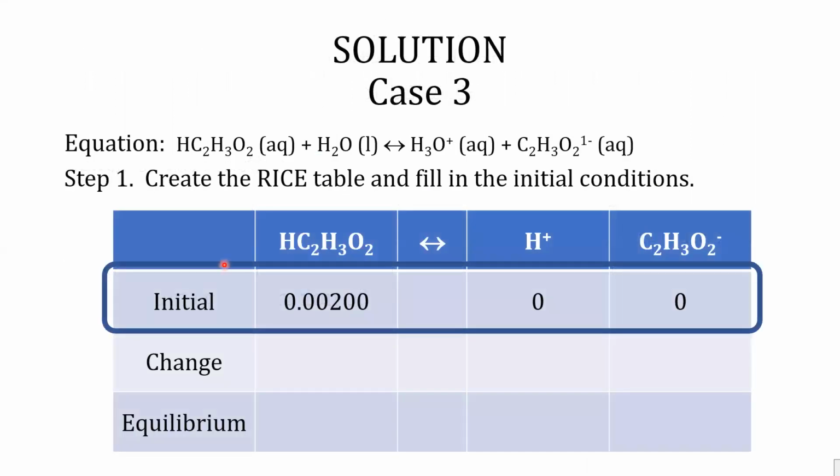Step 1 is, after writing the chemical reaction, to create the RICE table and fill in the initial conditions. In this case, the initial conditions are as follows. HC2H3O2 has an initial concentration of 0.00200 molar, and H plus and C2H3O2 minus have initial concentrations of 0 each.